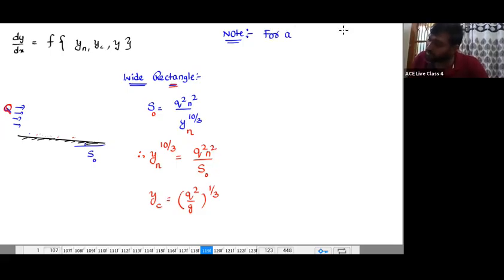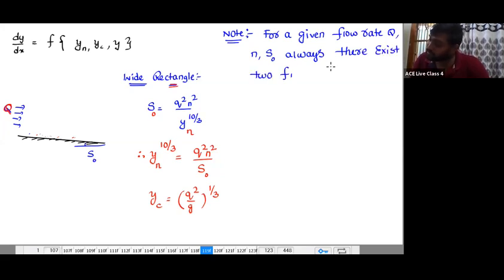For a given flow rate Q, n and S naught, there always exist two fixed depths, yn and yc.